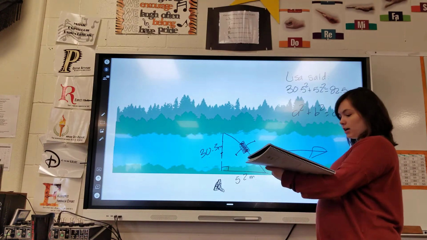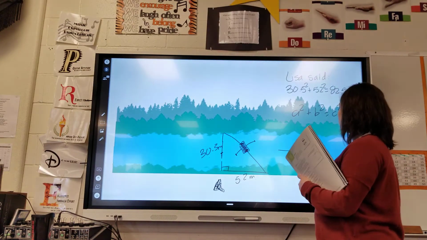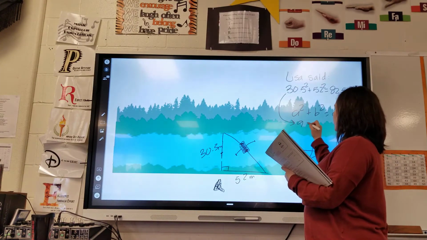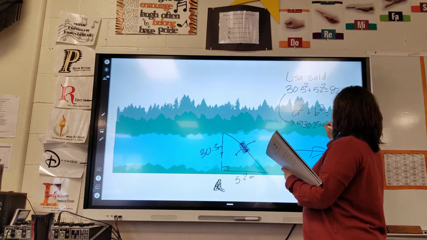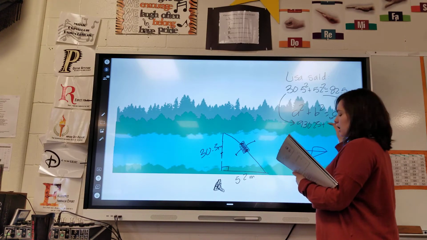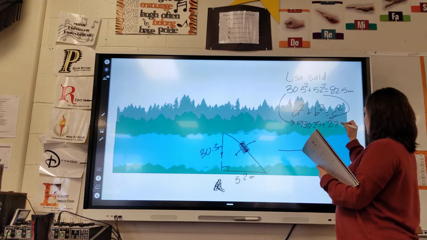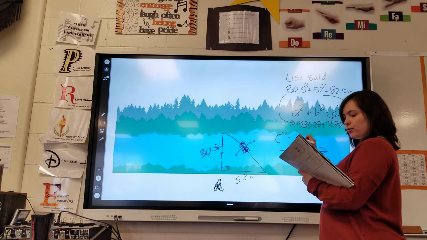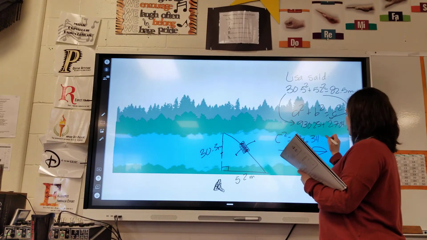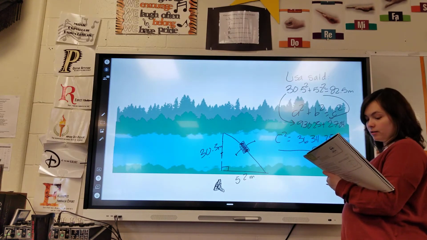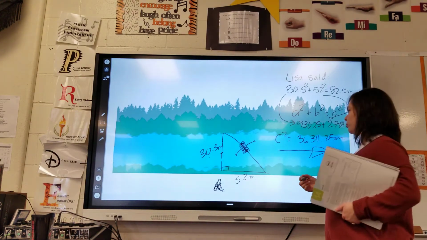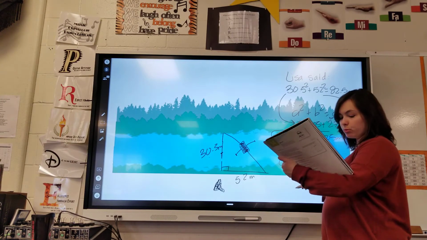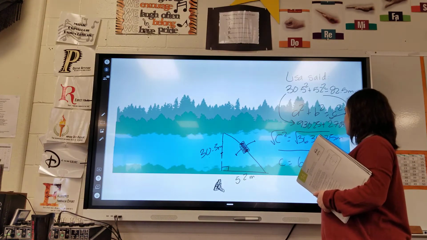So if we do it correctly and we square each of the values, 30.5 squared becomes 930.25 plus 52 squared becomes 2704 for a total of c squared equaling 3,634.25 meters. Well, now we have to square root both sides to get the actual length, and if you do that, you get an approximate of 60 meters.